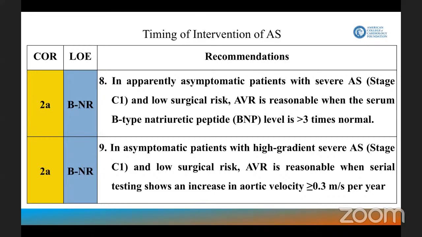And for asymptomatic patients with high gradient severe aortic stenosis, stage C1 and low surgical risk, then AVR is reasonable when serial testing shows an increased aortic velocity of equal to or more than 0.3 meter per second per year, as a class 2A.